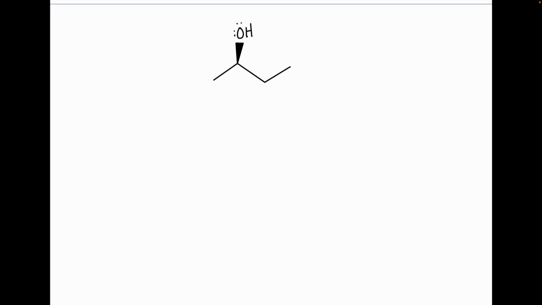If we take this stereospecific alcohol and we react it, we're going to do our first method of converting it to an alkyl halide and then adding in some nucleophile. What would be the difference if instead we used tosyl chloride and then added in that same nucleophile?